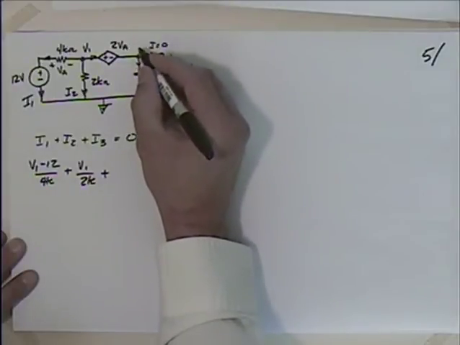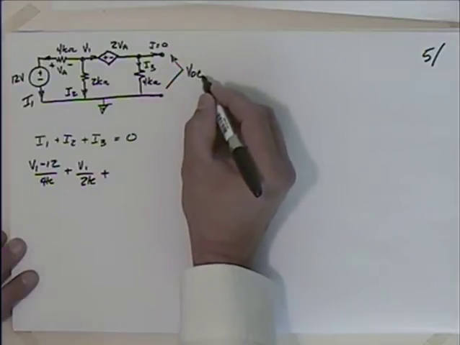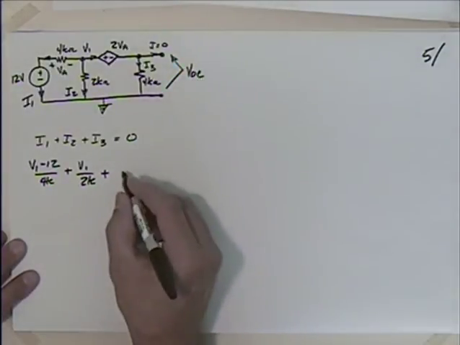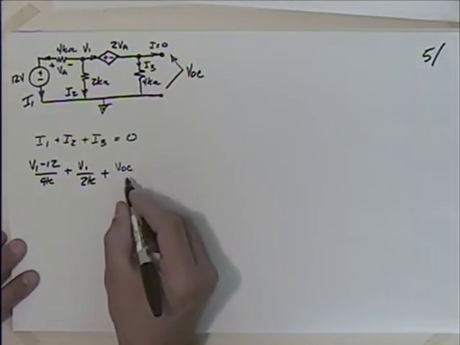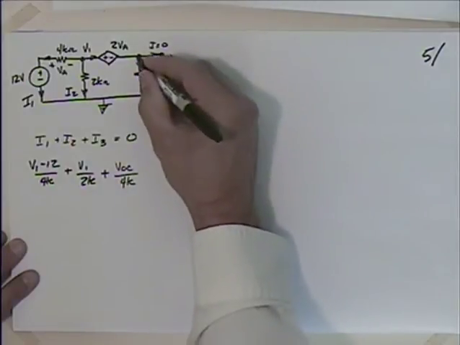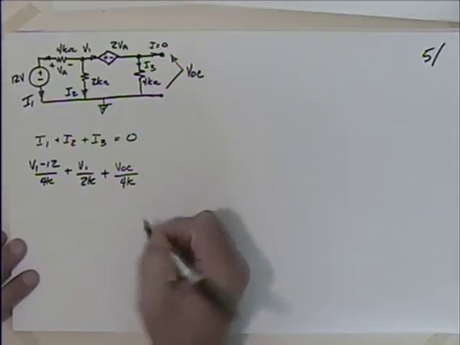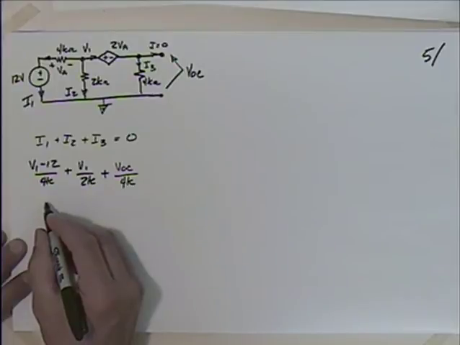Well, we'll call this V open circuit. There's V open circuit divided by what? 4K? Because the voltage across there is the same as the voltage across there. So we could go ahead and go through this, multiply by 4K.